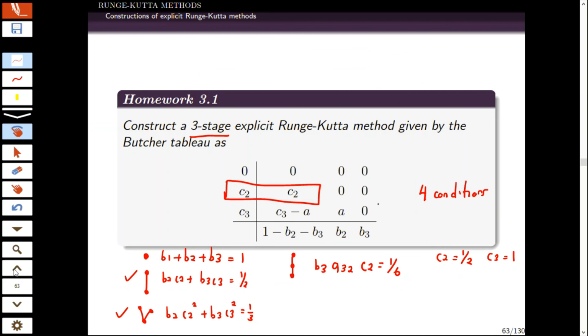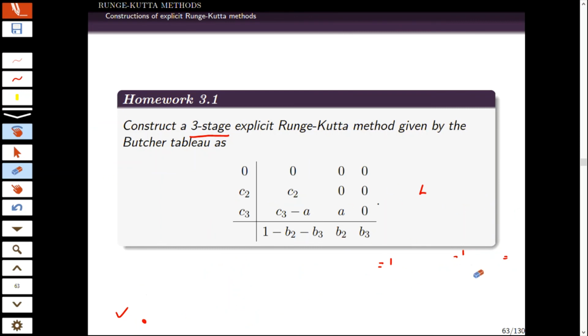So I can summarize this table here with the conditions that I have obtained. Okay, let me just write the proper table now. If I choose my C2 is half, C3 is 1, this is 0, this is half, 1 minus A. What is A?